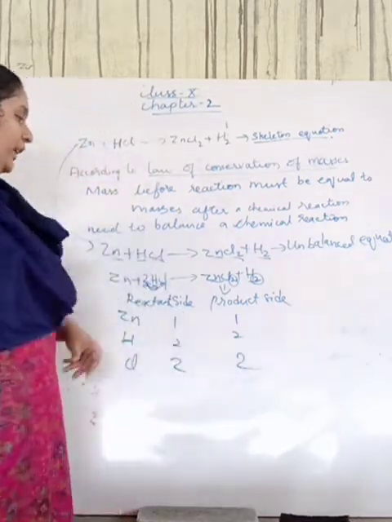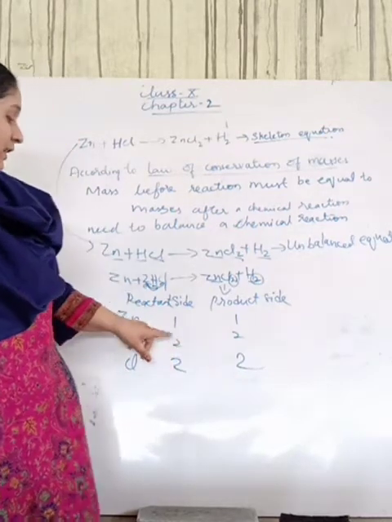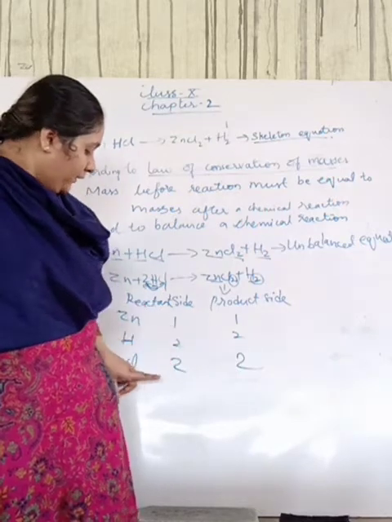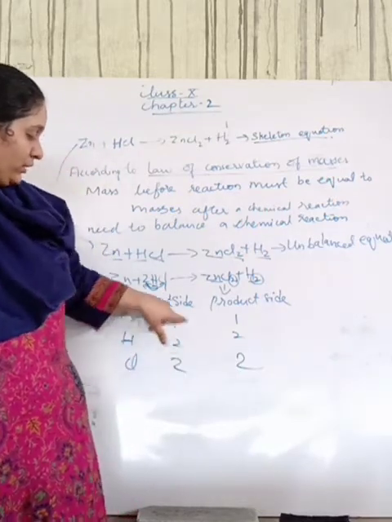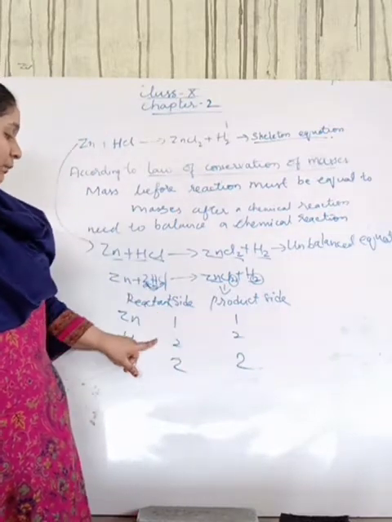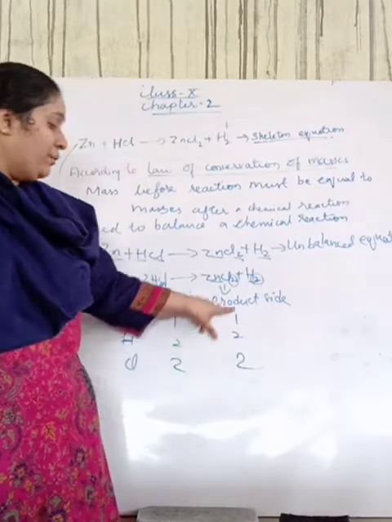So now we can see for this reaction, zinc is 1 and 1, hydrogen is 2 and 2, and Cl is 2 and 2. Are these all equal or not? Yes. So the number of atoms on the reactant side are equal to the number of atoms on the product side.